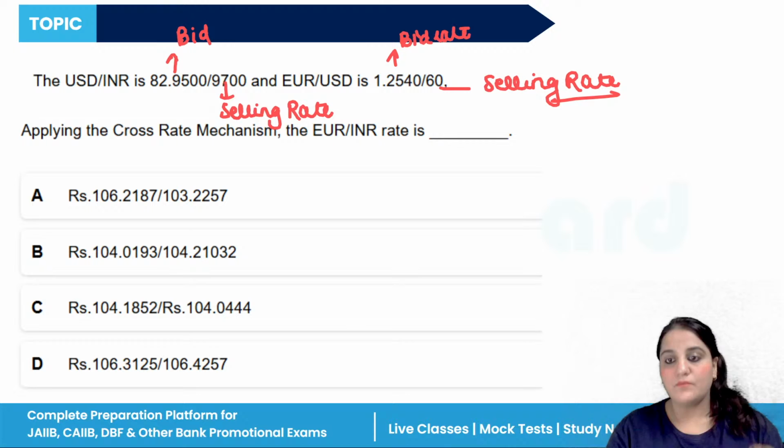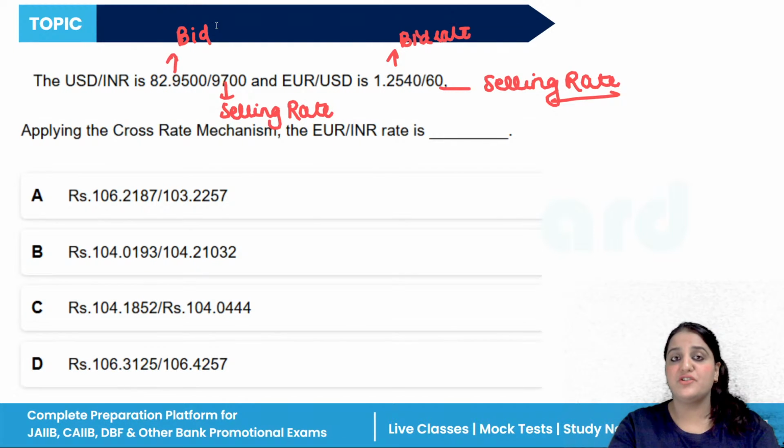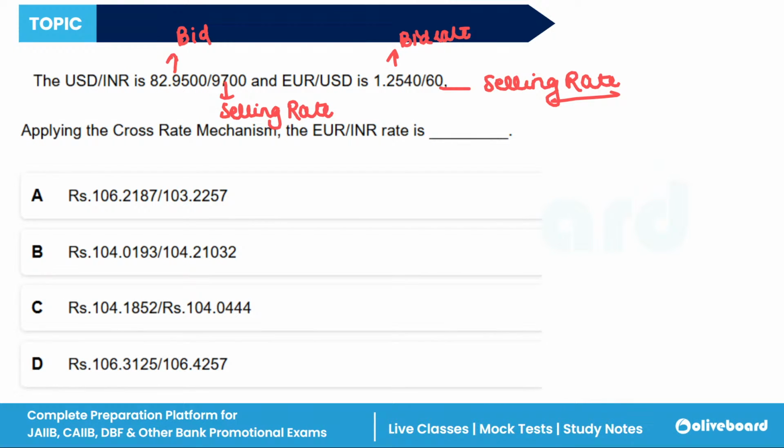Just listen carefully, because these types of questions are there in the examination. So how can we solve this question? There is a simple formula.